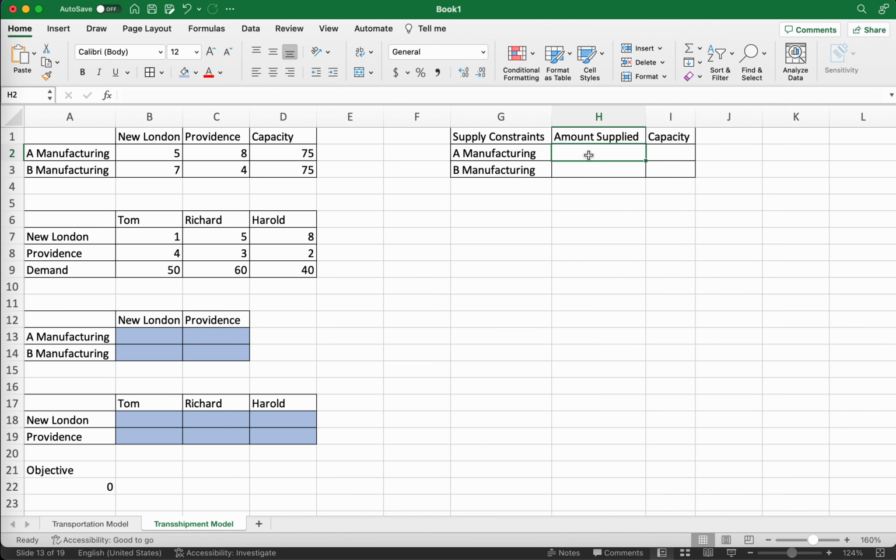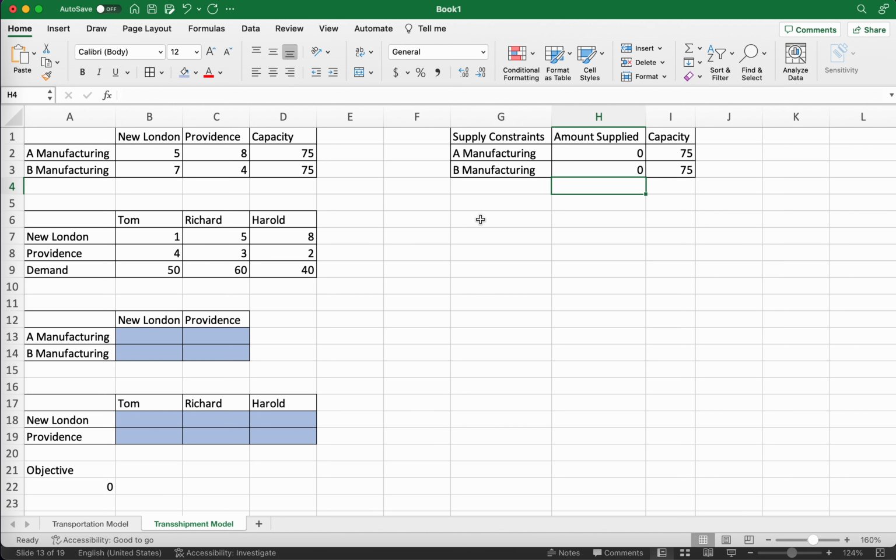So this is the amount supplied out of manufacturing facility A, everything coming from A to New London plus everything coming from A to Providence, and this has to be equal to the capacity. With this, I can just copy the formula down. So this is all the supply coming out of manufacturing facility B, and that has to be equal to 75.